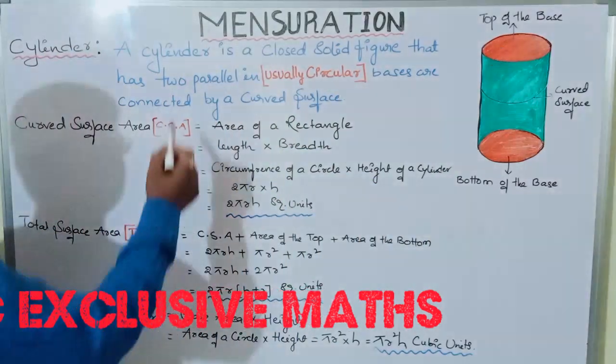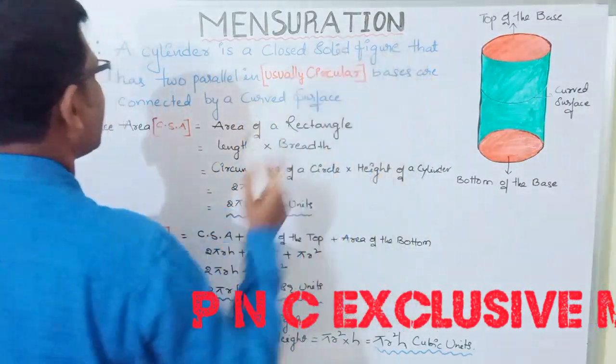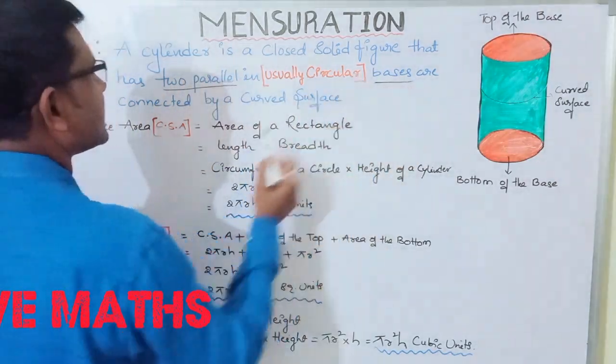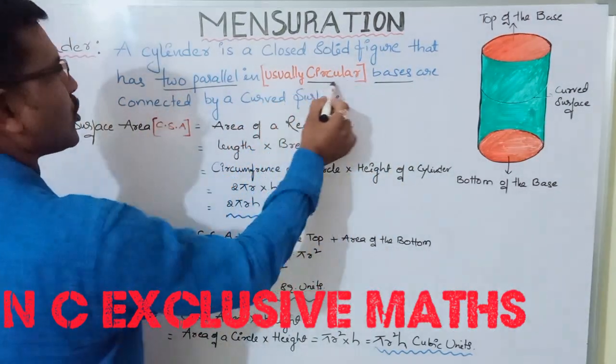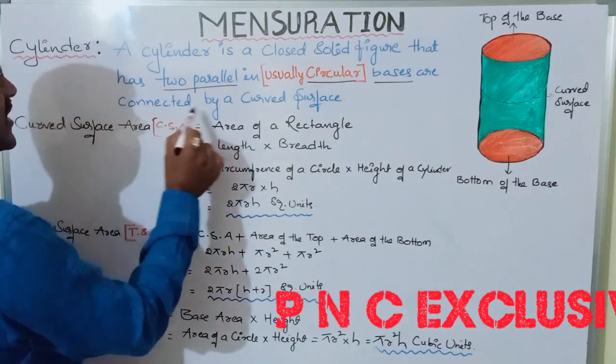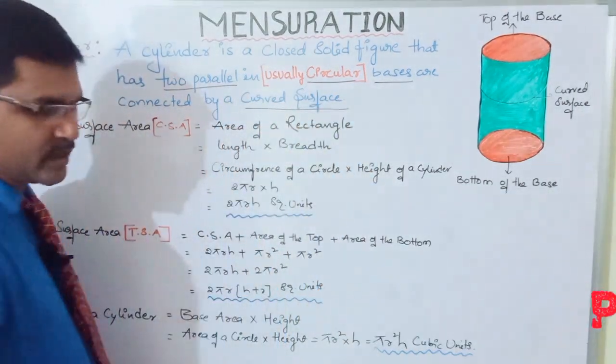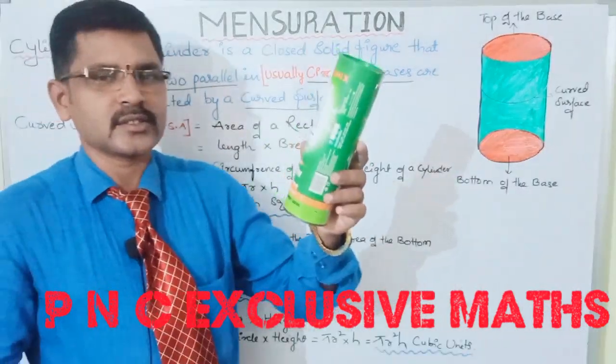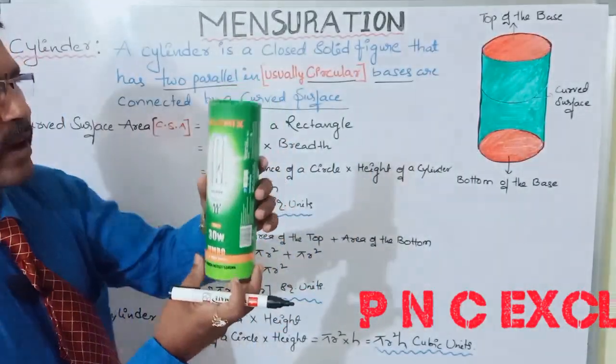A cylinder is a closed solid figure that has two parallel bases, usually circular, connected by a curved surface. So, here I am taking some cylindrical box.